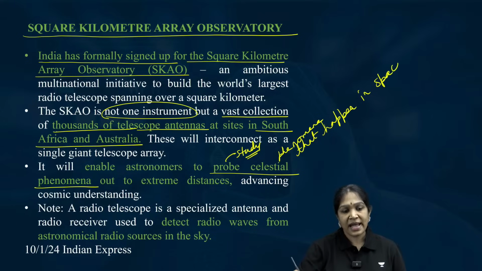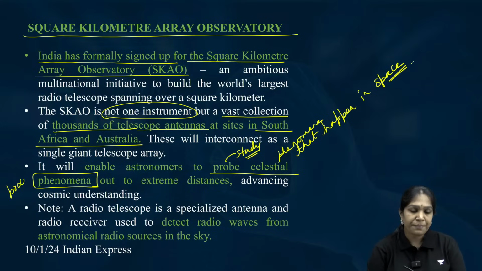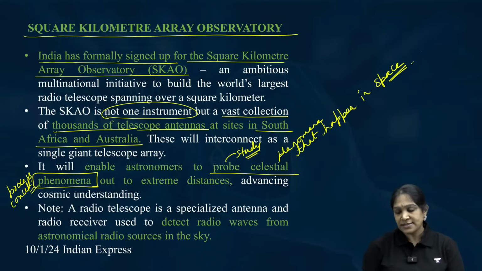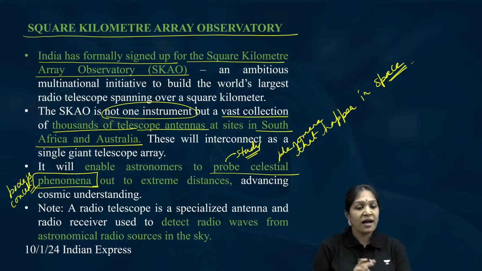Any phenomena that happens in space. Phenomena is not an object, it is a process, it is a concept. Any concept that occurs in space is called celestial phenomena. So why are we using the Square Kilometer Array? To study the celestial phenomena.